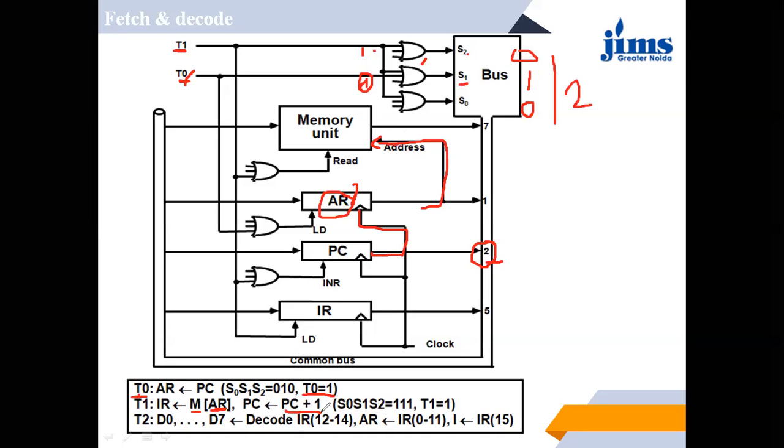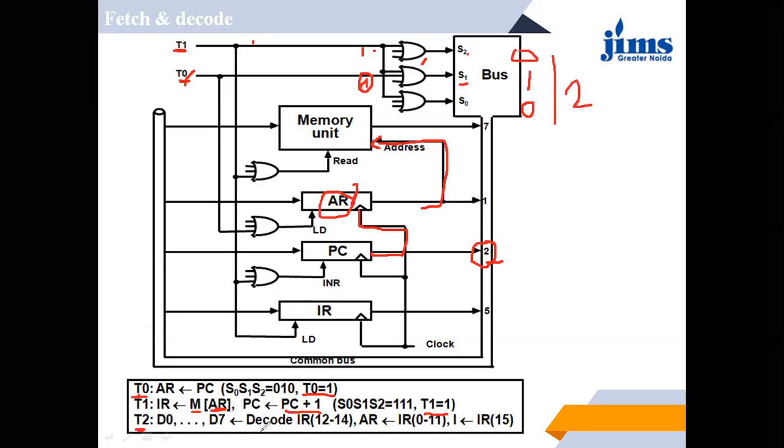Now we have to start the next one. So this is T1, T1 equals 1. This is going to happen at T2.